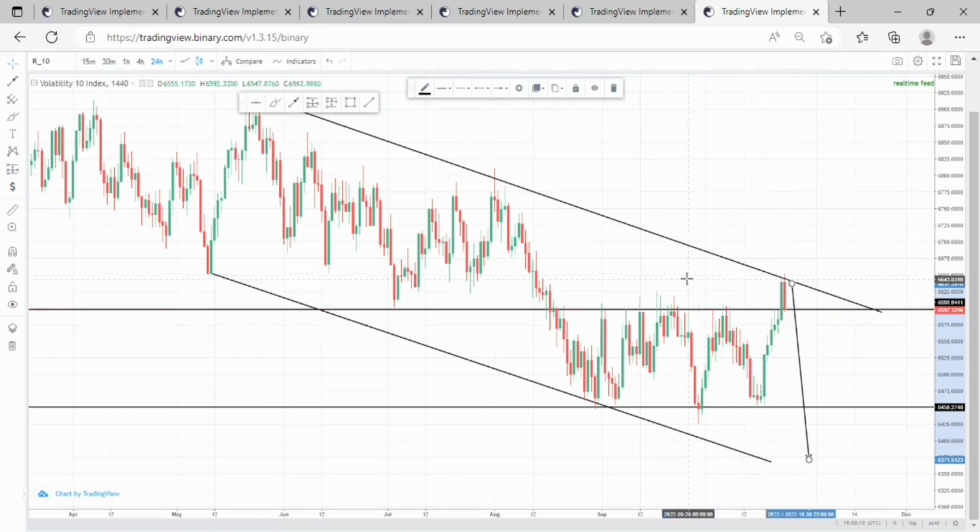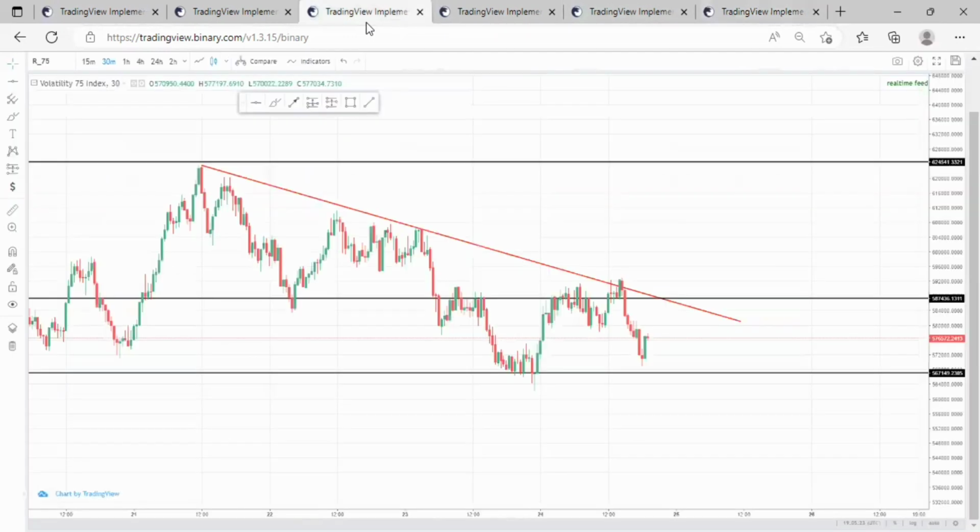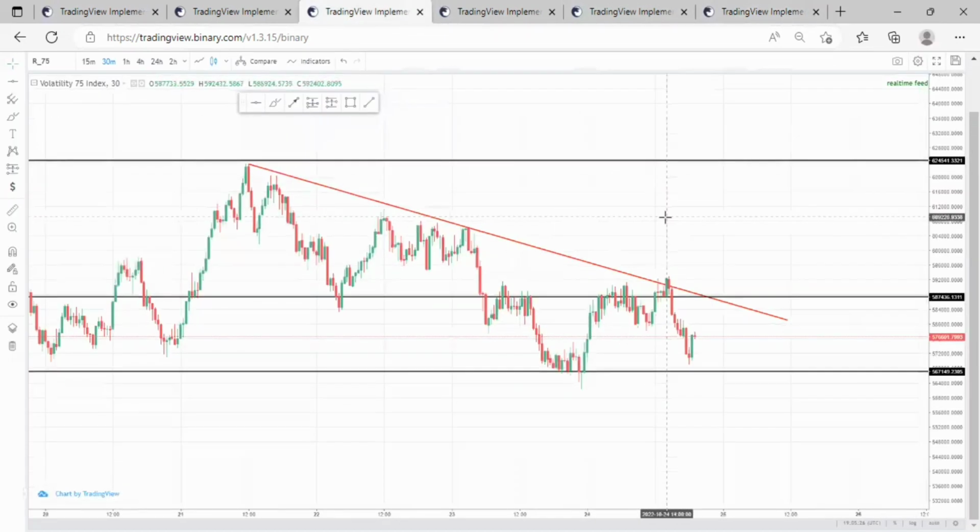So that's that for VIX10. Then we also gave a signal on VIX75, almighty VIX75. This was our entry, somewhere here. We hit TP1, and our TP2 is somewhere on this line here. You can see where we dropped from this very point.